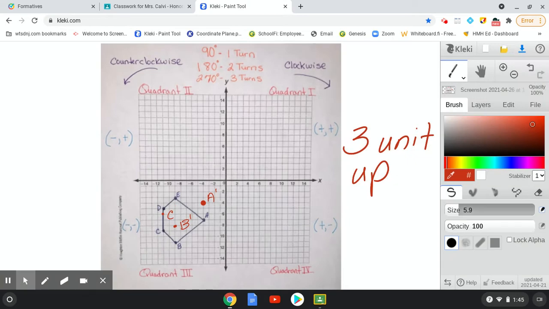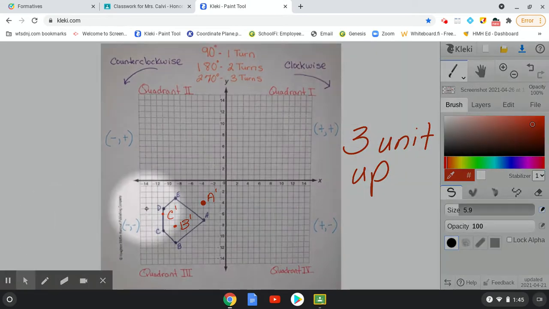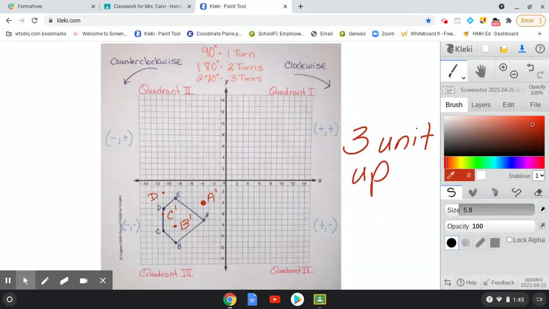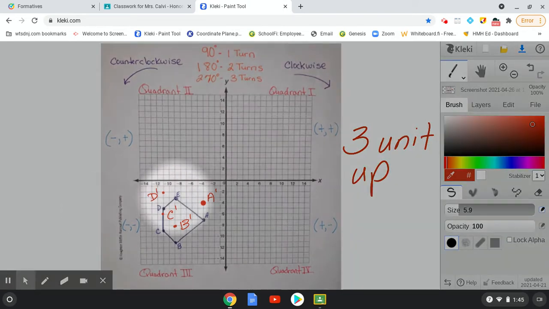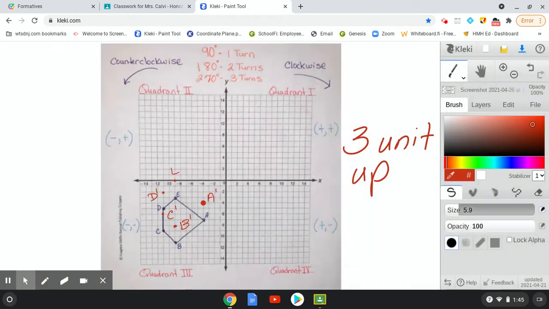That's going to be C prime. D, 3 units up. 1, 2, 3. Plot a point. That is my D prime. And point E, 3 units up. 1, 2, 3. Let me just double check that that lands on the axis. 1, 2, 3 lands on my x-axis, and that is my E prime.